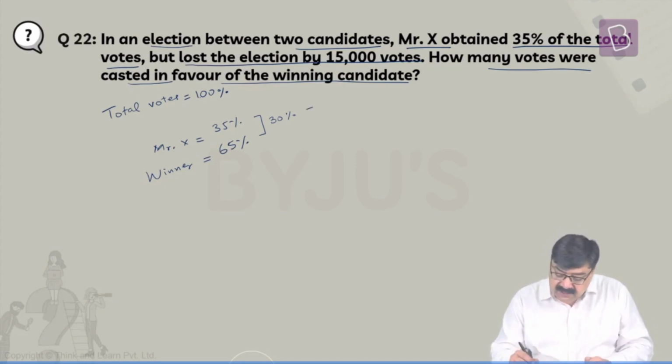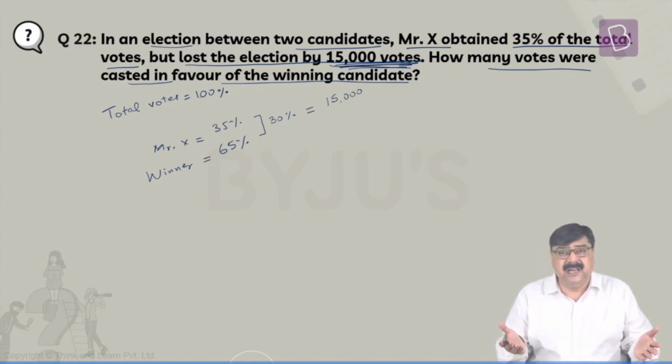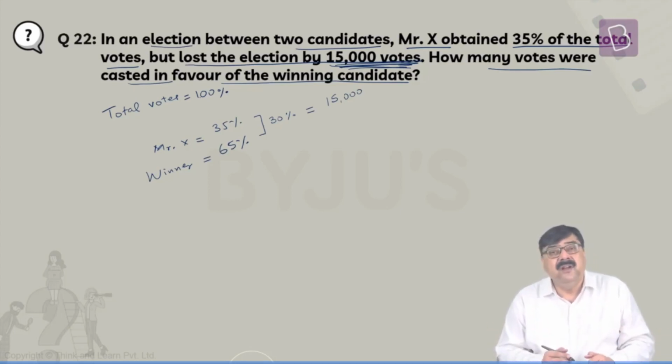Now this 30% is equivalent to 15,000 votes in actual. It is given that the difference between their votes is 15,000. Or let us say Mr. X lost the election by 15,000 votes, which means this 15,000 is nothing but the difference between the number of votes received respectively by these two guys.